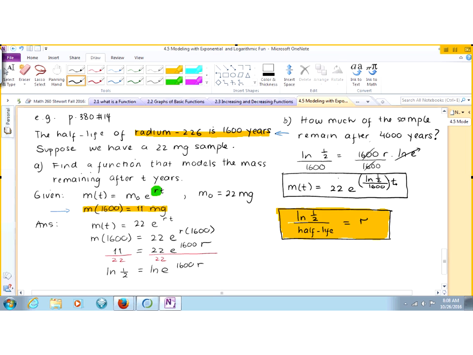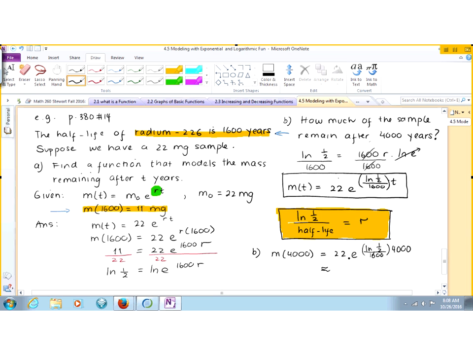Are we okay so far? Now, this is a question. How do I answer my B? What is M of 4000? That's equal to 22 e to the ln half divided by 1600 times 4000. So you could just get an approximate value.